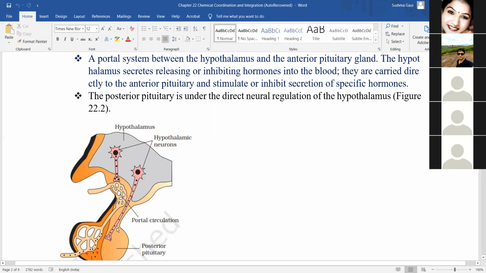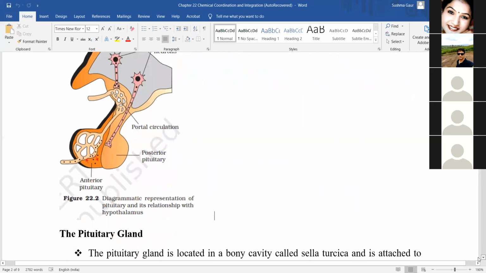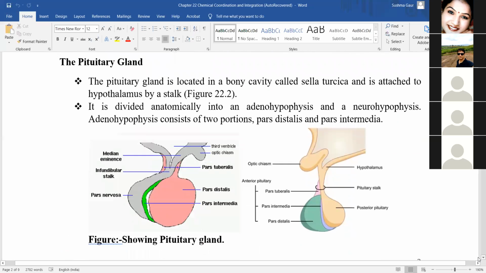You can see in the diagram here, the portal circulation is present to control the anterior portion, whereas in the case of the posterior portion, the neuron directly controls it. It's clear? Yes, ma'am. Okay.